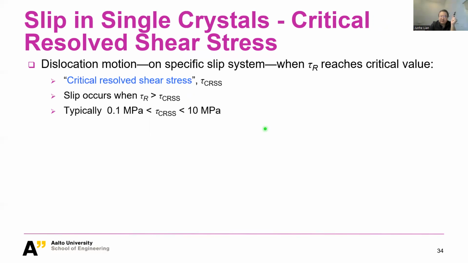For BCC, we have multiple slip systems, about 48, but the primary slip systems are also 12, with the slip plane, which is the close-packed plane for BCC, being the 110 plane, and the direction being the 111 direction. Everybody remembers all this.